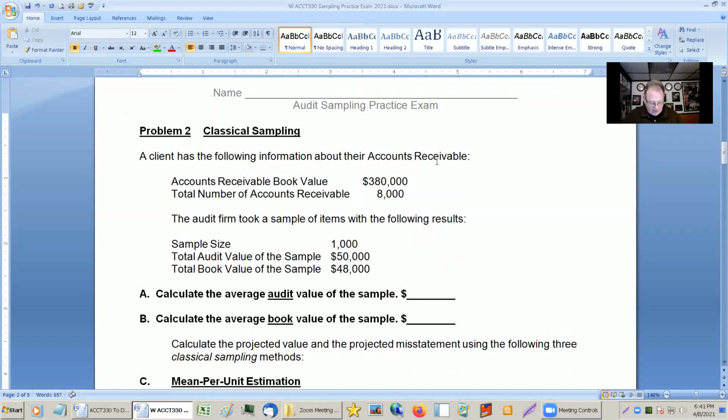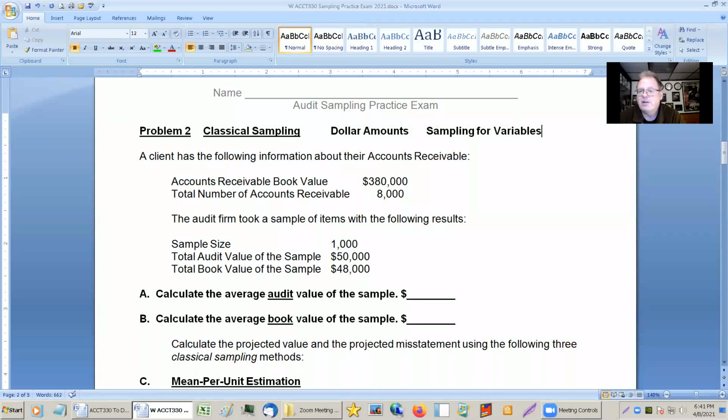This is for dollar amounts. And this is what's called sampling for variables. Unlike tests of controls that are yes/no tests, sampling for variables, they're variable. So when you pull a purchase order, it might be $100, it might be $101, it might be $102, and so on.